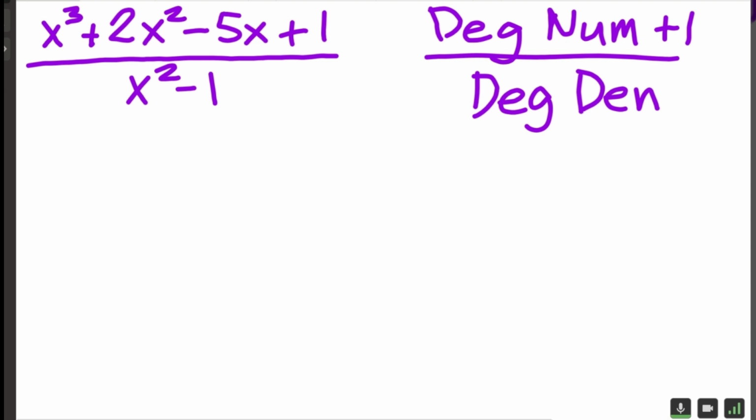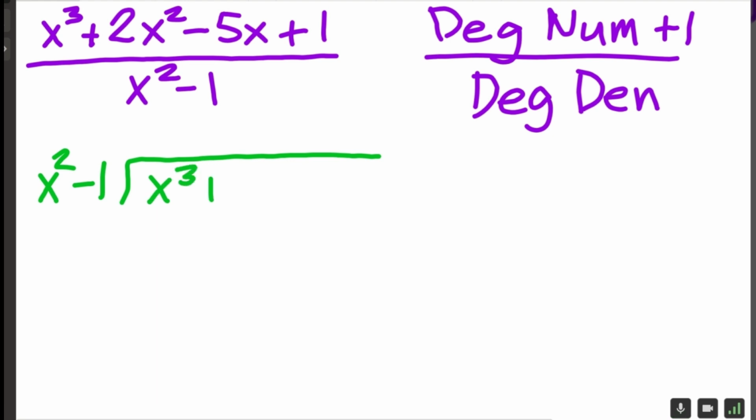Let's go ahead and set it up here. We've got x squared minus 1, and we're dividing it into the top, x cubed plus 2x squared minus 5x plus 1.